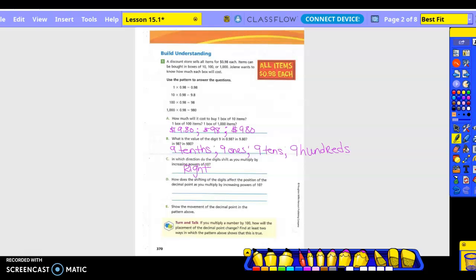Oh, sorry guys, I read that backwards. So the digits shift and move to the left. Sorry, I was thinking the decimal place. The digits are moving to the left. The decimal place is moving to the right.